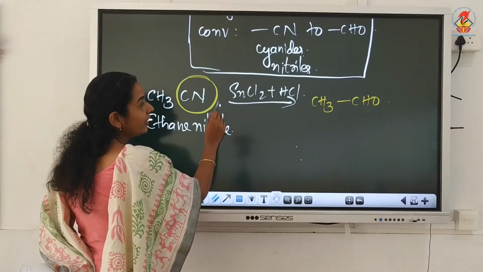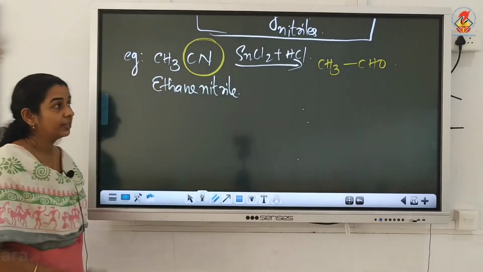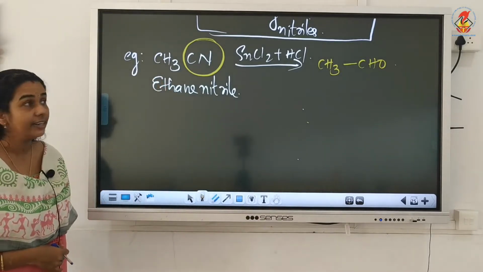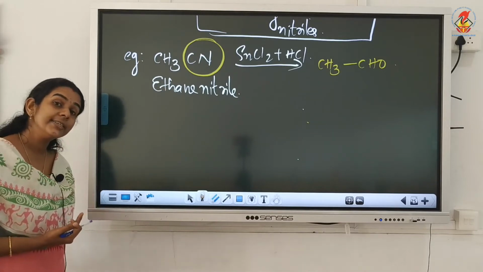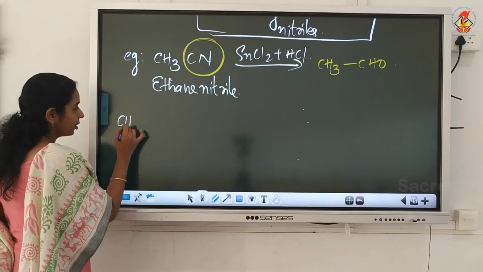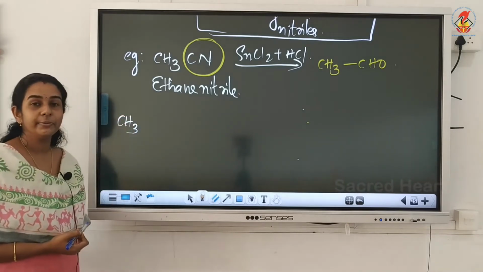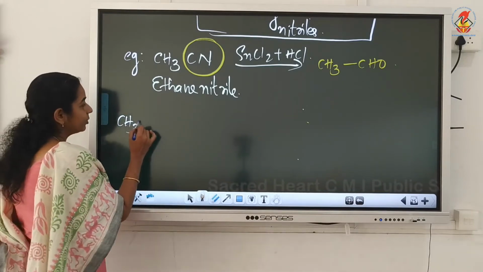Now, before we get aldehyde, here there is an intermediate. So before we convert CN to CHO, there is an intermediate product. To write the intermediate we have to expand CN. How can we expand CN or cyano group?